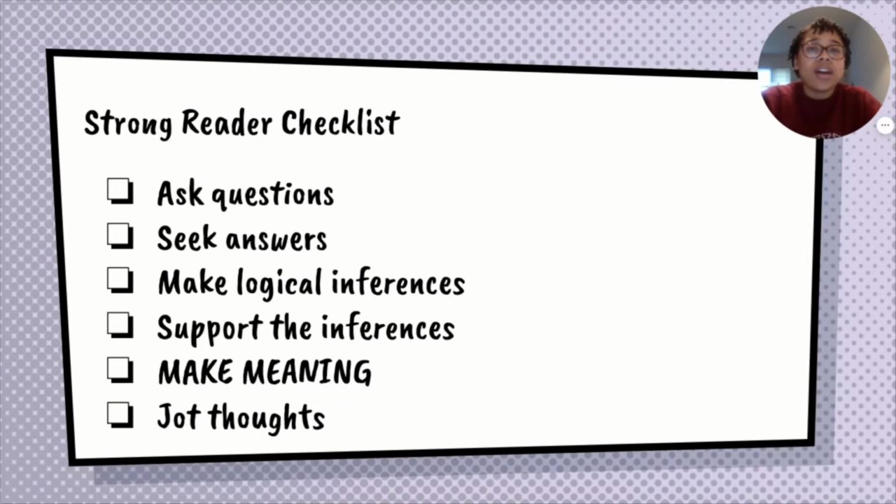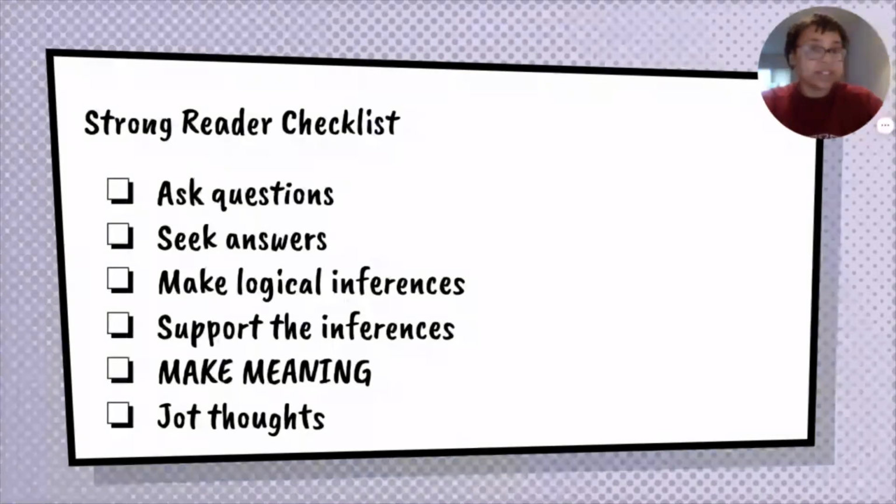All right, then a strong reader makes logical inferences. So you see what's happening in the text, and you think about things as they're going along. And you don't just make them up randomly. You use what's happening in the text to make it logical and make it make sense. So if your main character has 10 cats, you might say, my character is probably a cat person.